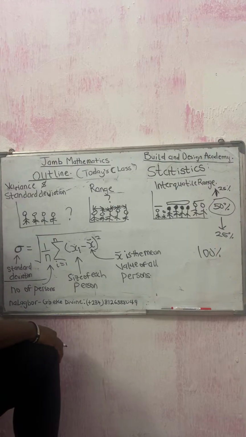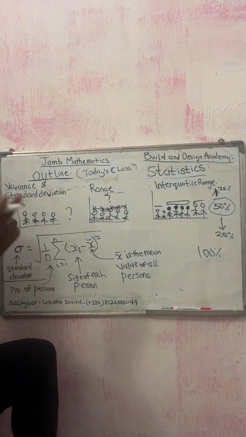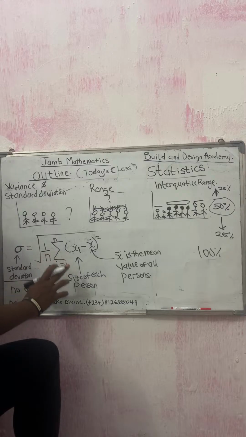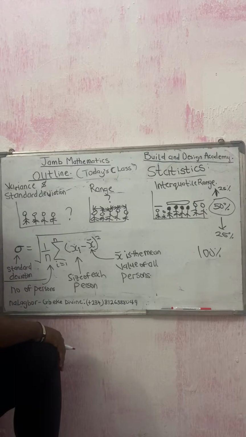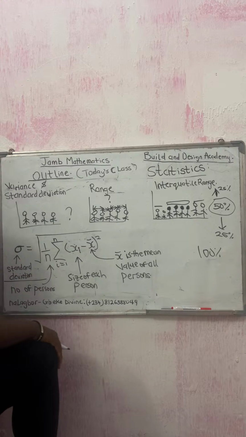Now, for the standard deviation, this is the first formula. But we have another formula for standard deviation. We have two formulas. I've given you this one as the first one, let's call it equation 1, when you want to calculate standard deviation.